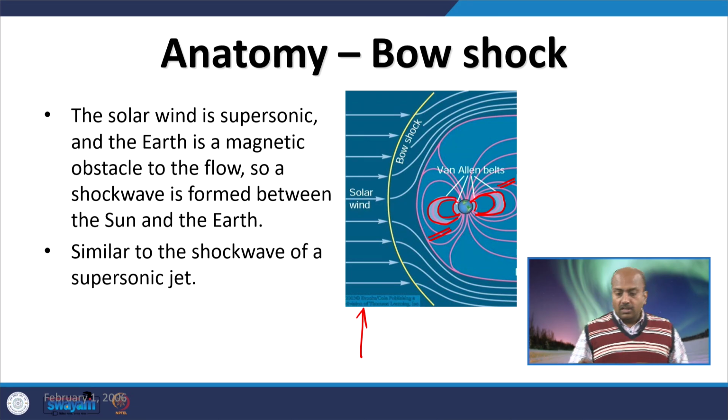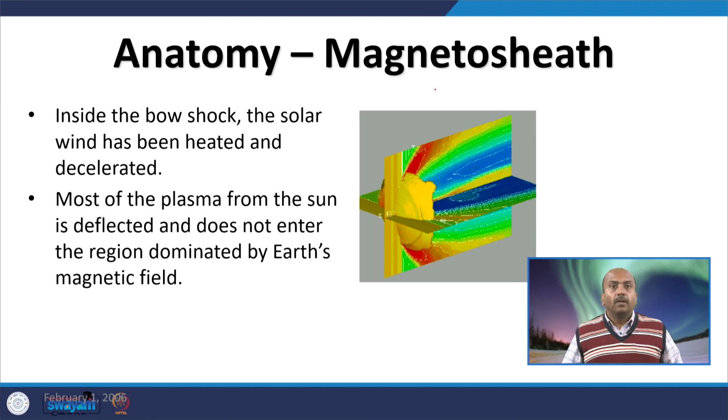This is called the bow shock, and the immediate next thing is the magnetosheath. Inside the bow shock, the solar wind has been heated and decelerated because of the compression. Most of the plasma coming from the sun is deflected and does not enter the region dominated by Earth's magnetic field. This is called the magnetosheath.